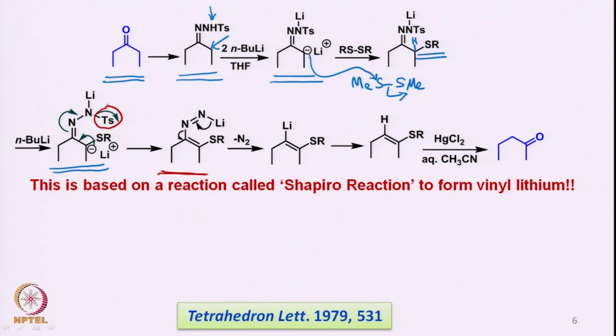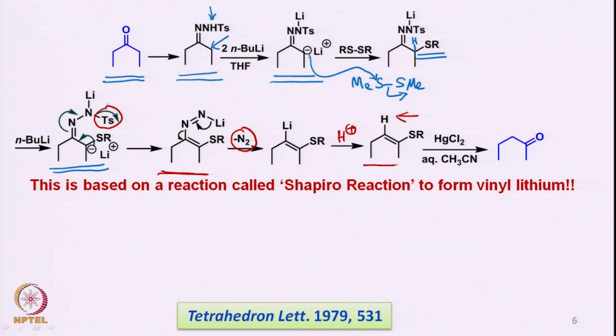This intermediate then loses nitrogen to form this vinyl lithium. During this process, when protonation occurs here, you get the corresponding hydrogen at this stage.